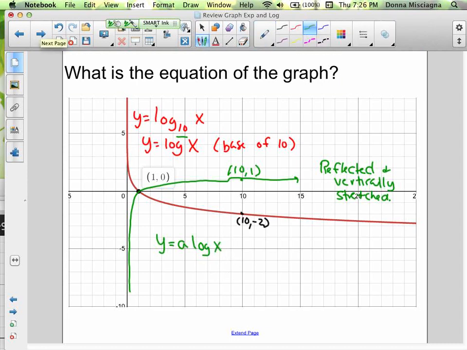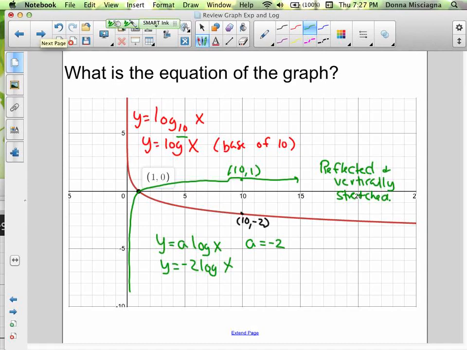And so if our y value is negative and twice what it should be, it must mean that a equals -2. And that gives us the equation y equals -2 log x.